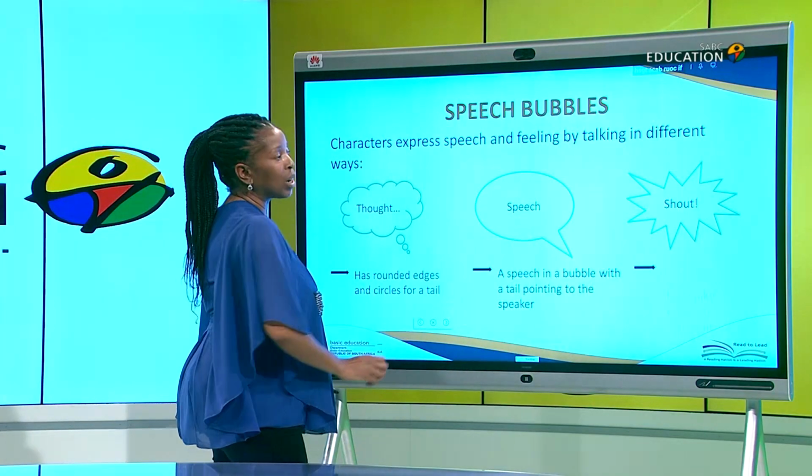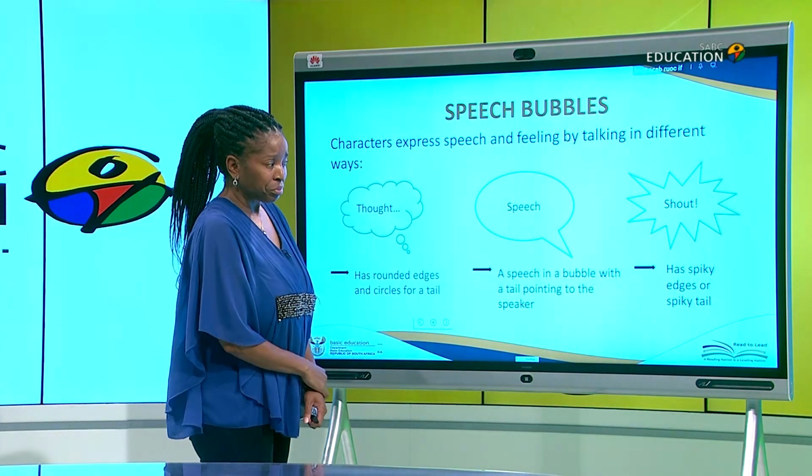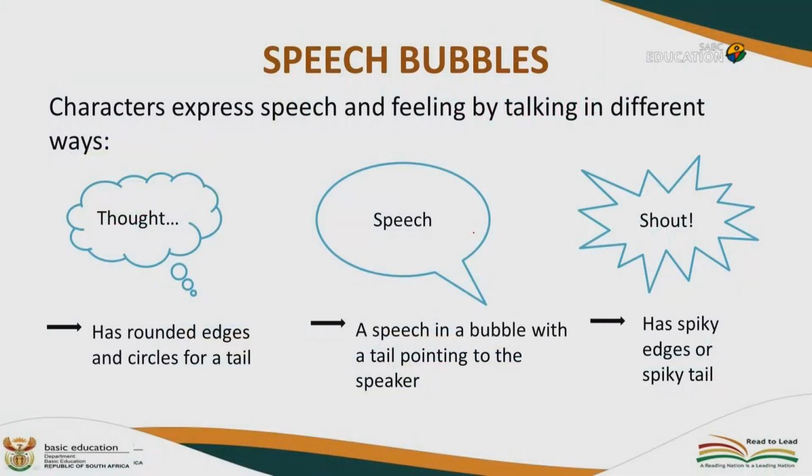Now, the next one is the shout bubble. A shout bubble, unlike the thought bubble as well as the speech bubble, has spiky edges. Now, this suggests that this person is not just screaming, they're screaming loud.